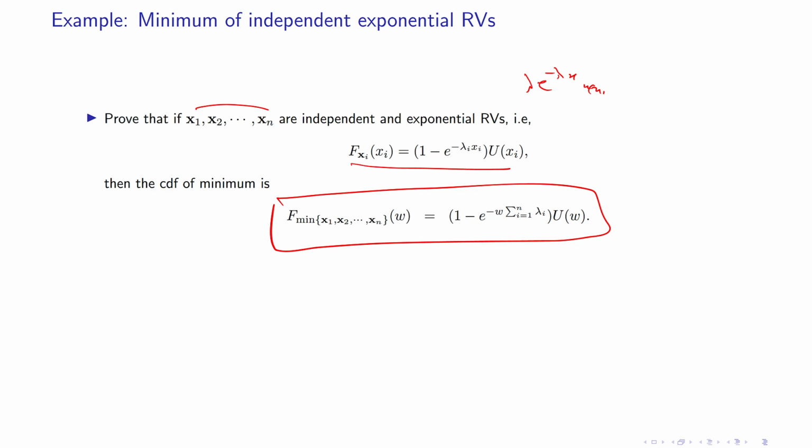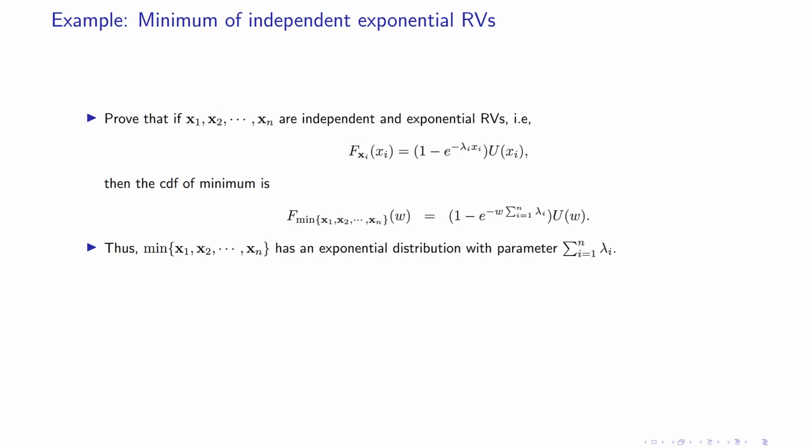You see that the minimum of independent random variables which all have exponential distributions also has an exponential distribution, and the parameter lambda is equal to the sum of the lambda i's. So the minimum has an exponential distribution whose parameter is the sum of their parameters.